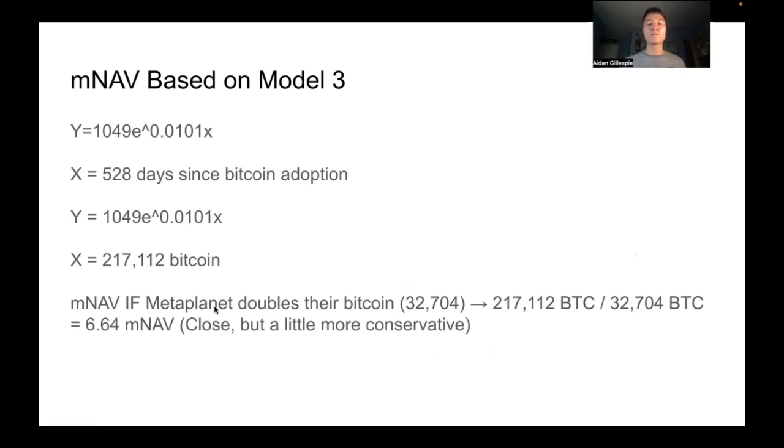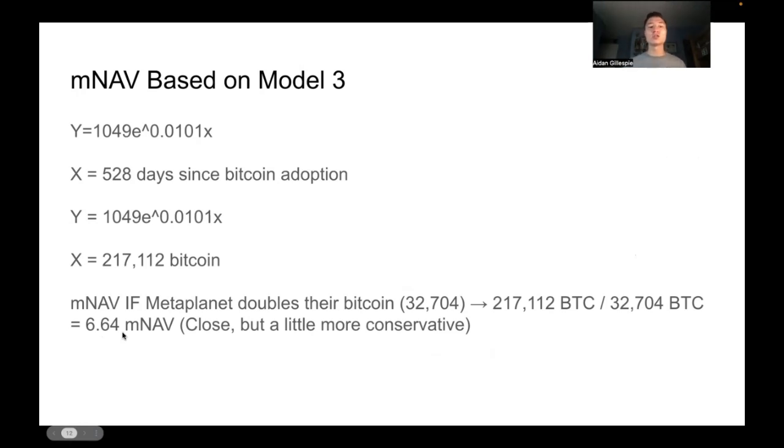So looking down here, if Metaplanet doubles their Bitcoin holdings to 32,704, we could take that number that we just calculated, that 217,000, divide it by the 32,704 Bitcoin that we expect Metaplanet to hold at that next MNAV peak, and then we would get an MNAV of 6.64.